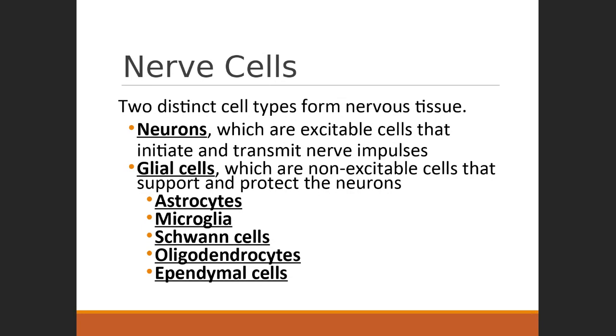Next up, I want to group these two together, because in lecture, again, we're going to be talking about these more so functionally. Schwann cells and oligodendrocytes. Both of these carry the same, if not very similar, functions.